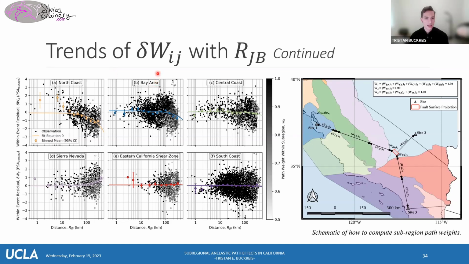And just to build off of that, a good example of why that's important is the Bay Area, where you can see at far distances, most of the paths that stay in the Bay Area are positive, whereas the others bend down, which have less weight. And we've actually looked into this, and the reason why it bends down is these are paths that are traveling north into the North Coast. So the North Coast is causing these points to be more negative, whereas the Bay Area itself is pretty okay.